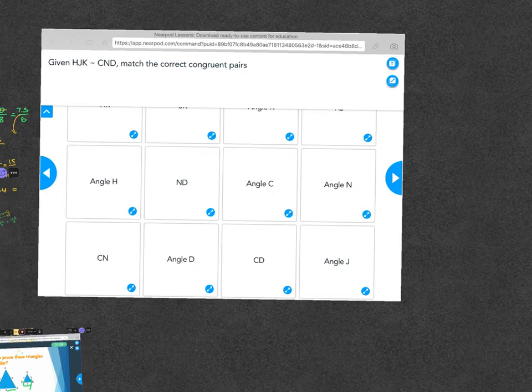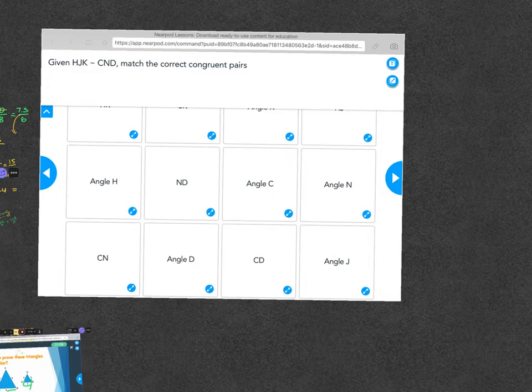And then the sides, HJ, first 2 letters would go over CN. Second 2 letters, JK, would go over ND. And first and last HK would go over first and last CD.